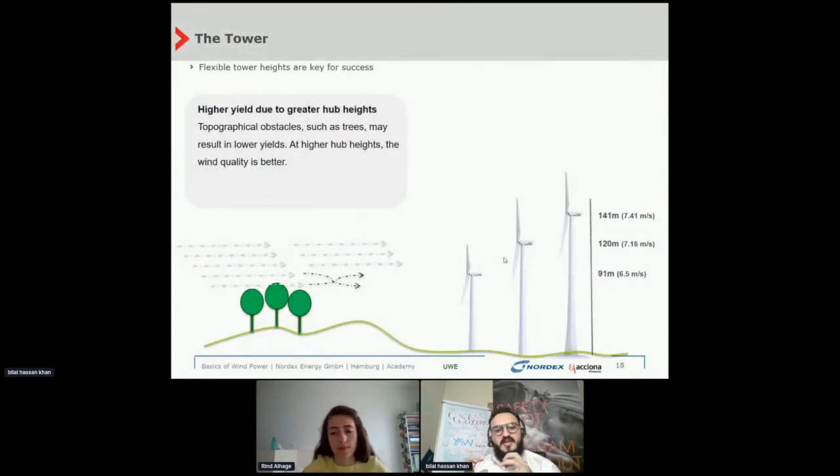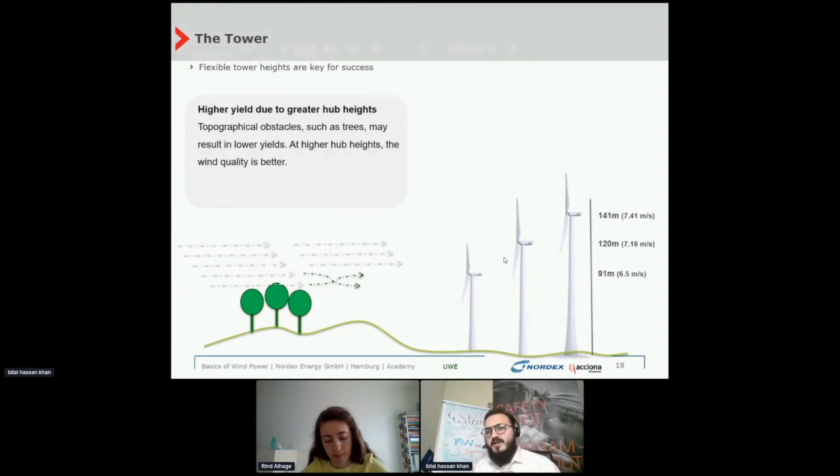Flexibility in tower height is a key factor when we talk about that. If we have land near a city, and we have very tall buildings in the city, those buildings can affect the wind speed and the performance of the wind. We will receive disturbed wind on that area.